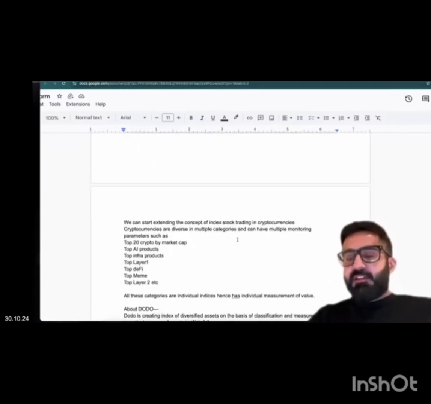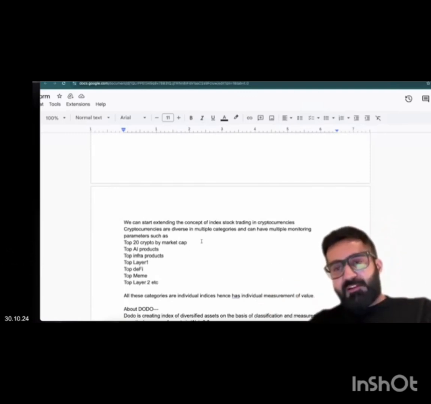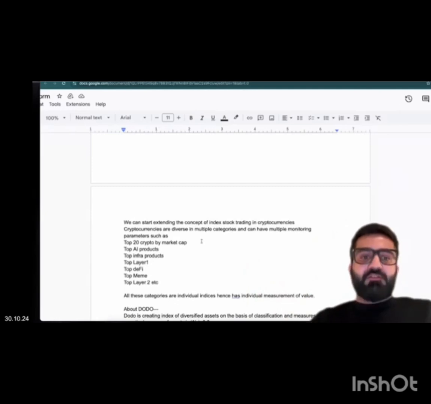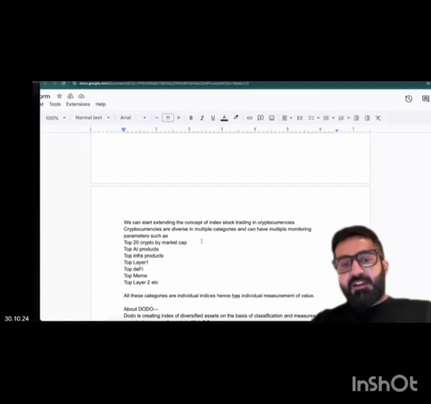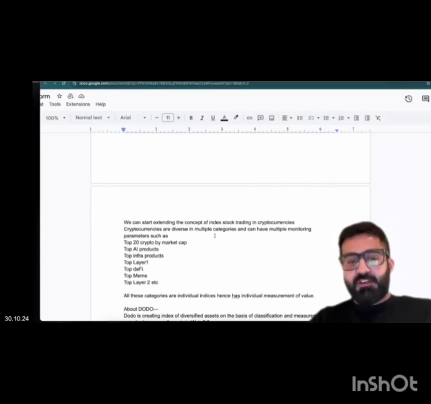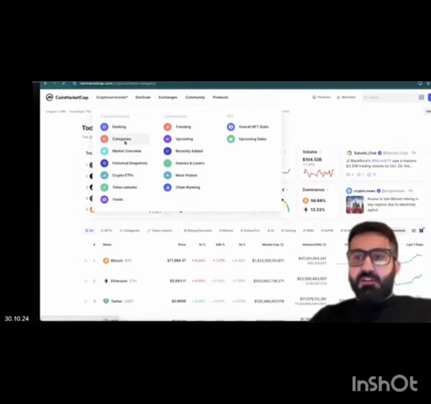Now I will explain the concept one more time with crypto, and then we will jump on to the features of Dodo. So we can start extending the same concept like the traditional stock market to cryptocurrencies as well. So how do we determine the index or indices? Cryptocurrencies are diverse in multiple categories and can have multiple monitoring parameters. So we can check crypto parameters on CoinMarketCap. We can go on categories.